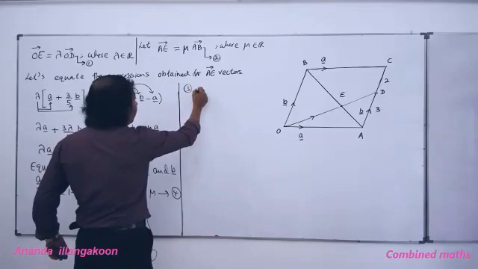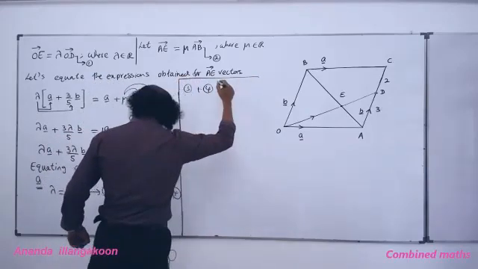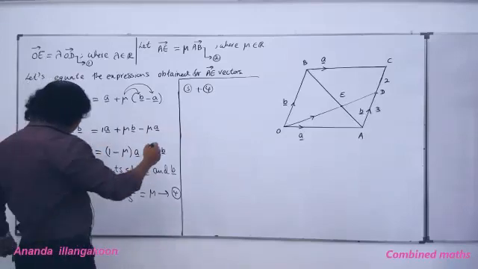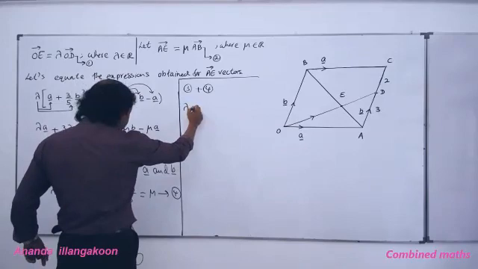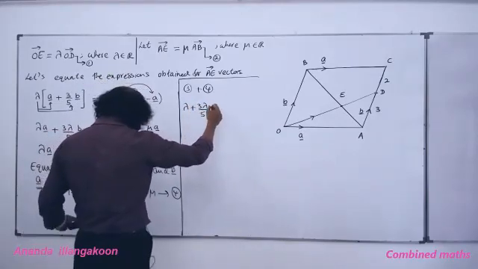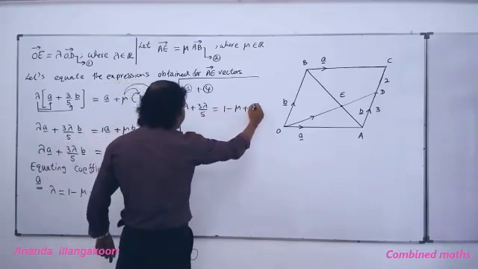On adding 3 and 4, we add the left hand sides together: lambda plus 3 lambda by 5 is equal to 1 minus mu plus mu.